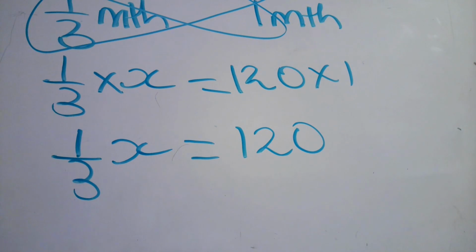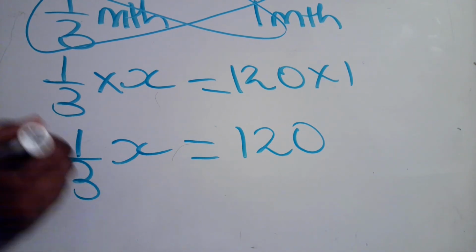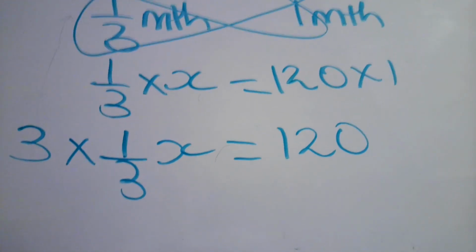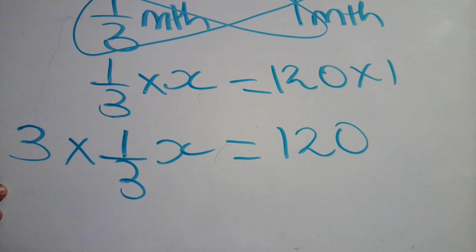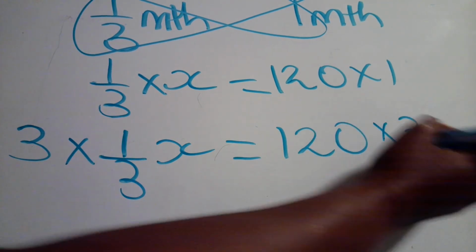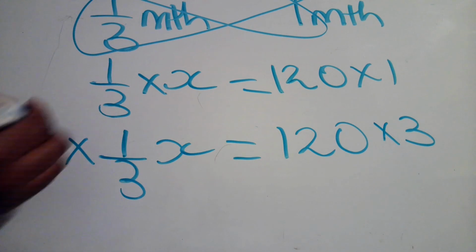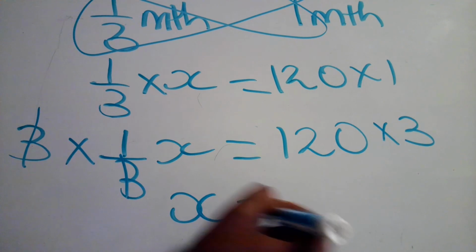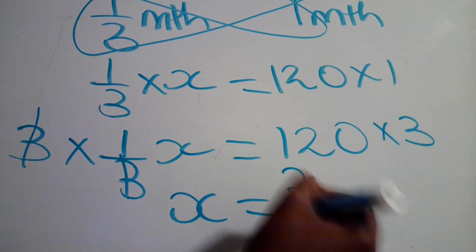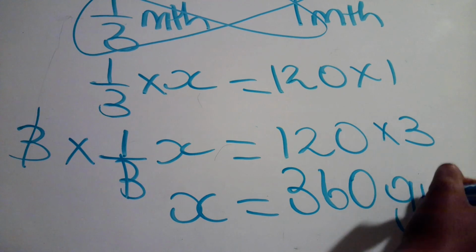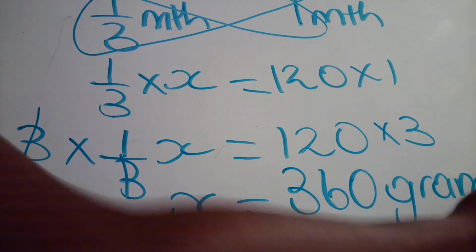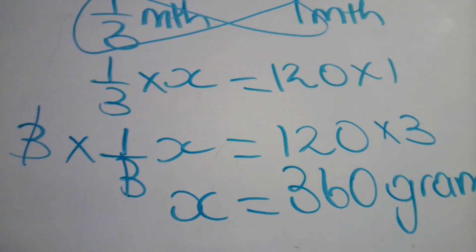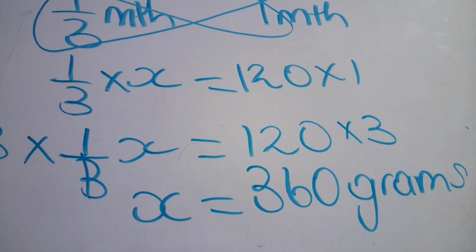So we're going to multiply by 3, or 3 over 1, which is the same thing. Anything you multiply on one side, you have to multiply on the other side. So we multiply 120 by 3. 3 cancels 3 here. We're only left with x. 120 times 3 still gives us 360. So that's 360 grams. The baby kitten would gain 360 grams in 1 month.